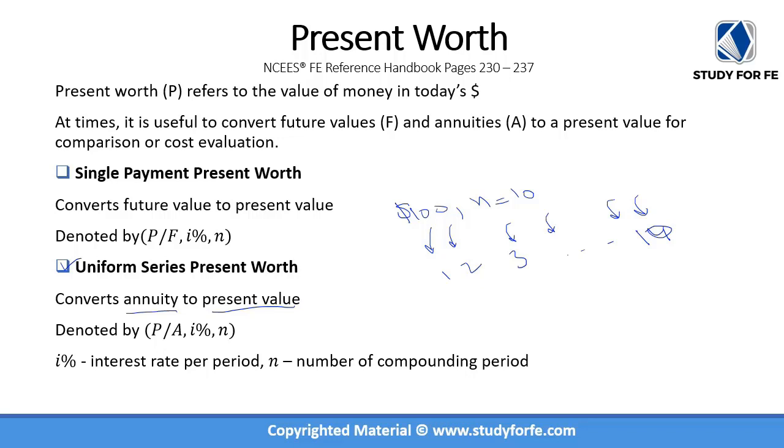We can do that by making use of the uniform series present worth factor, which calculates P given A. A is the annuity. You have to know the interest rate and the number of years, which is 10, and the interest rate would be specified. So all of these annuity payments can then be converted into one single payment in today's dollar using uniform series present worth.